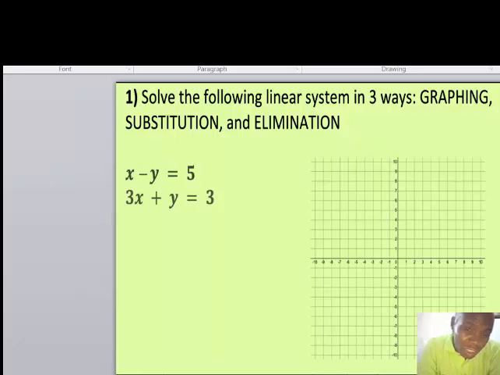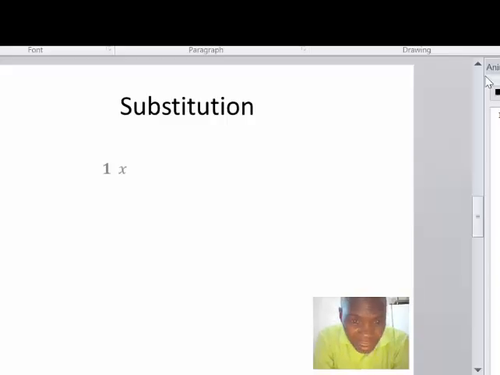Now, last but not least, we'll be solving using the method of substitution. So we're solving the following linear system using the method of substitution. Now you have two equations. Using the method of substitution, you will have your first equation as per usual, which is x minus y is equals to 5, right?